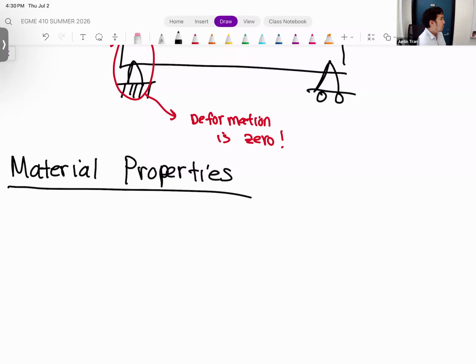When we say material properties in FEA, what we're referring to are the physical parameters of the material that affect how it responds to external effects.